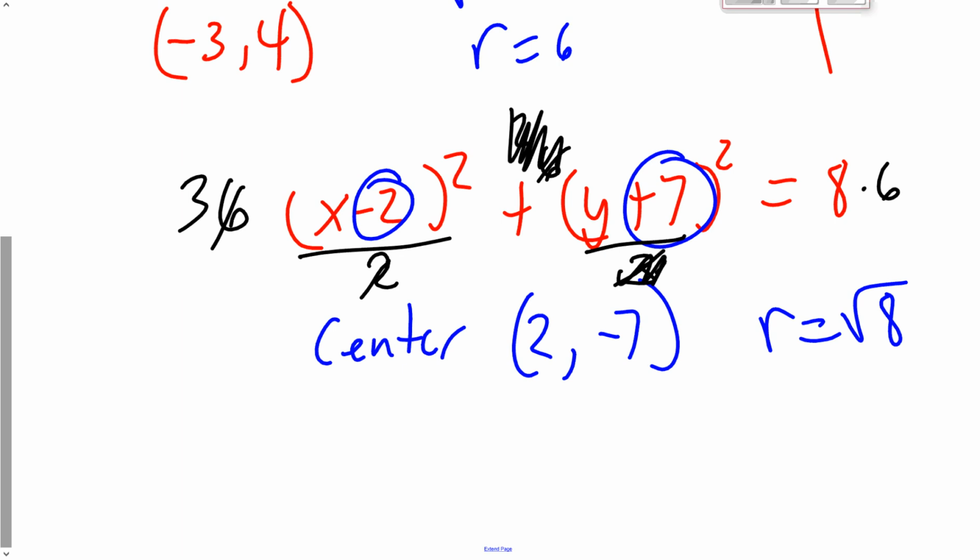Just go ahead and graph that center and that radius, because when you do have a problem like that, we're not looking at circles anymore. We're looking at ellipses, and we'll talk about that next time. So don't worry about these types of problems if it's divided by something, because those aren't circles, those are ellipses, and we'll get into that next time.